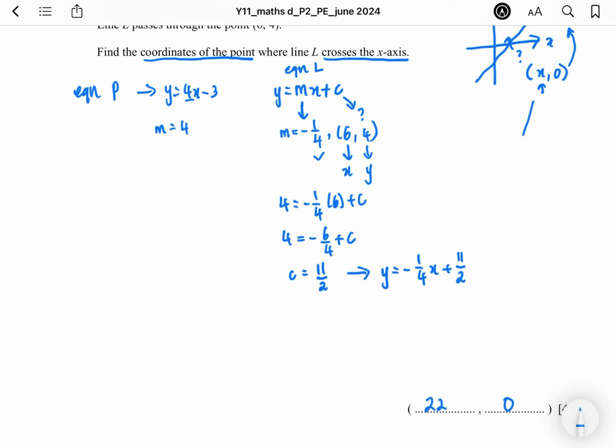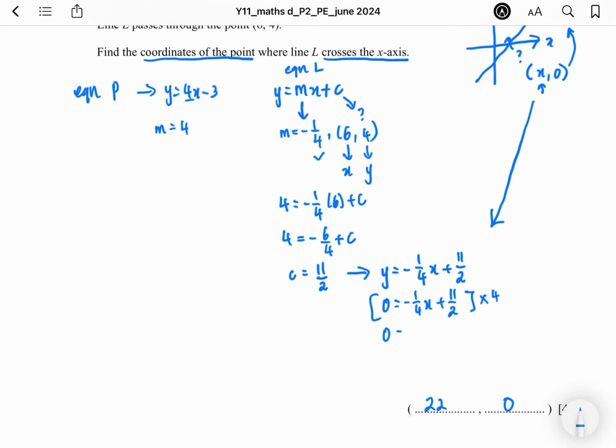Substitute. So here I'm going to substitute y equals 0. 0 equals minus 1/4 x plus 11/2, and we can multiply by 4.